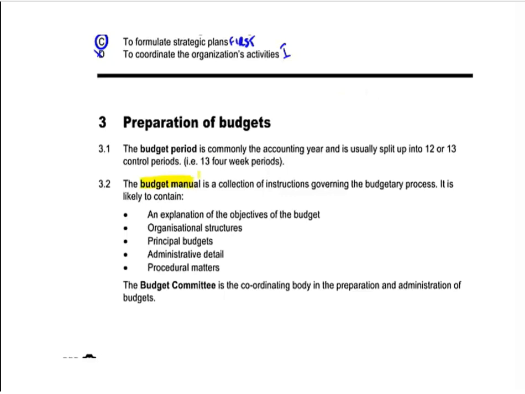This will provide information about the objectives of the budget and also the details about the procedures and the administrative procedures, and also what budgets then are the constraining ones, the main budgets. And all of this will be devised by the budget committee. So this basically is some terminology that you might need to recall.